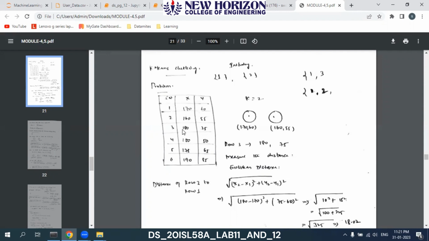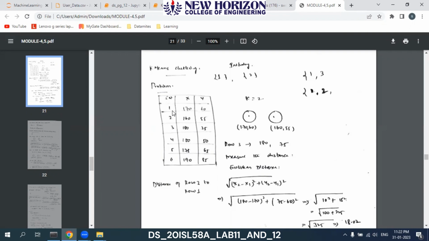Now with respect to each and every row, 180, 75, we will check distance. The distance which we follow throughout is Euclidean distance: square root of (x2 minus x1) whole square plus (y2 minus y1) whole square. Considering the third point 180, 75, we check the square root of (180 minus 170) whole square plus (75 minus 60) whole square, so that you get some value. Similarly, the square root of (180 minus 160) whole square plus (75 minus 55) whole square gives another value.